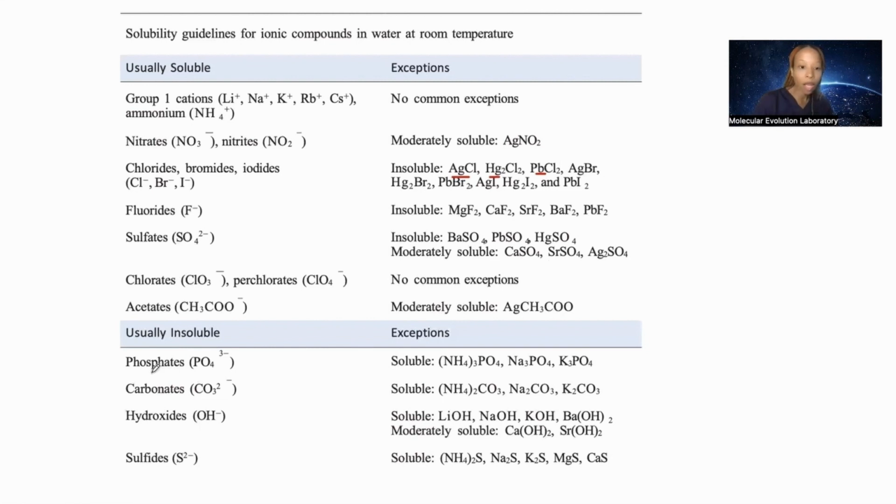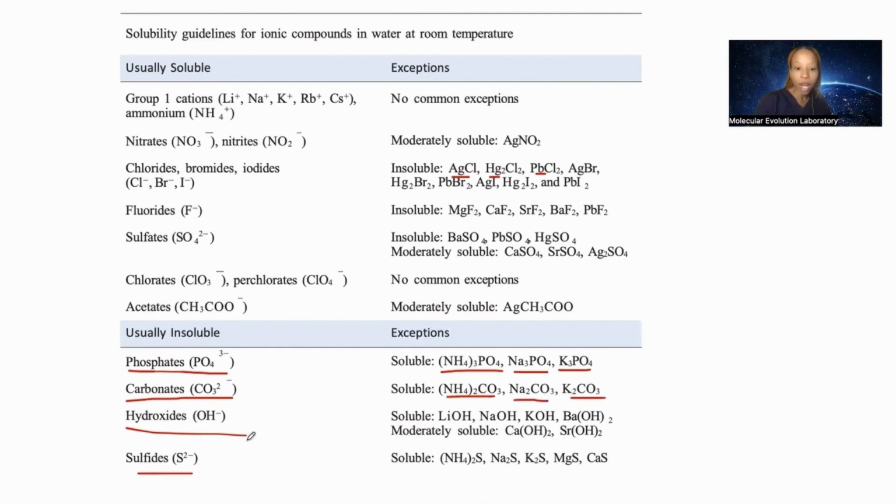Usually insoluble are the phosphates, it's important to note, and the carbonates, the hydroxides, and the sulfides. However, you have some exceptions. You have ammonium phosphate, trisodium phosphate, tripotassium phosphate. In terms of the carbonates, these are the exceptions: ammonium carbonate, sodium carbonate, potassium carbonate.